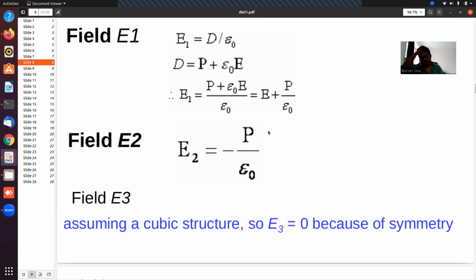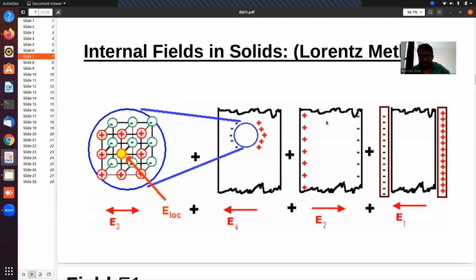Inside the capacitor, when the electric field propagates from the capacitor to the dielectric material, there is a vacuum. This is just scaled by epsilon naught, but with a negative sign. This is plus, this is minus. The electric field is in that direction, and E2 is in the opposite direction.